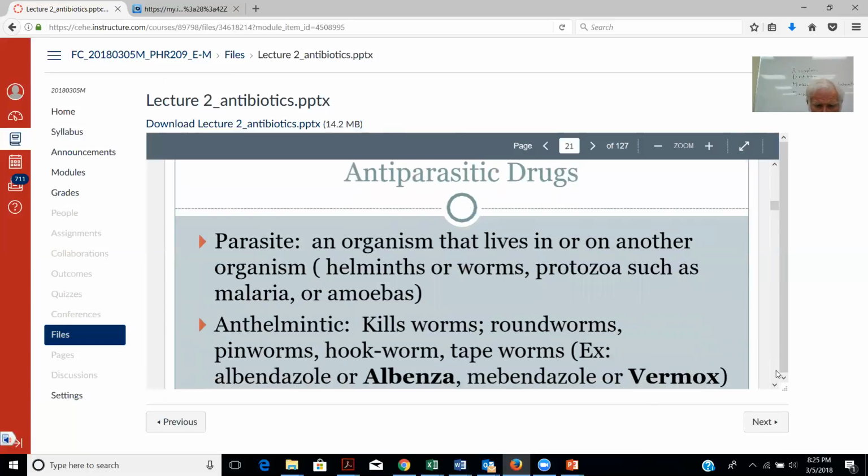We have a class of drugs, antiparasitics. Parasites are any organism that lives on or in another. We normally think of single cell organisms, but it's the only place we really study what we call helminths, worms.